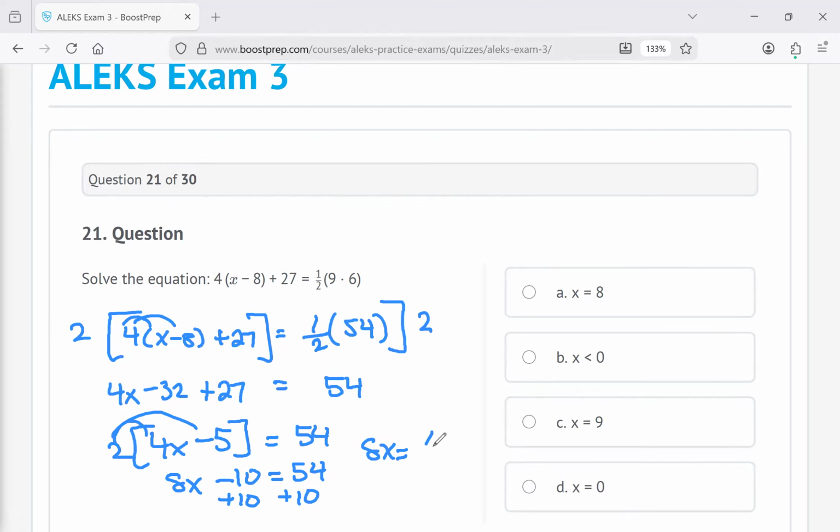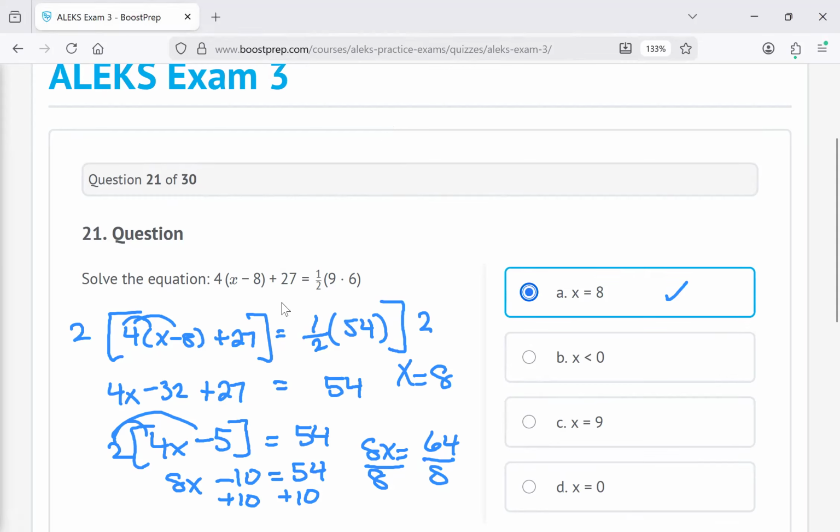Okay, so that's 64. Divide this by 8. You get x equals 8. Okay, yes, letter A. So what I did was I just got rid of the fraction, simplified the left and right, and then solved for x. That's it.